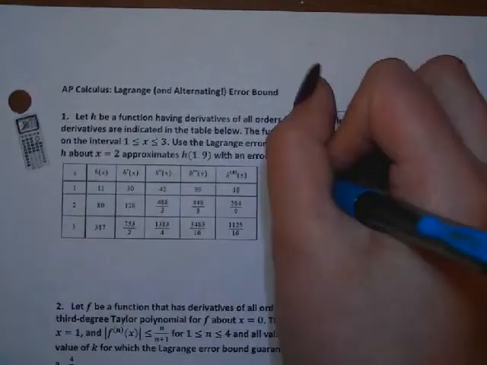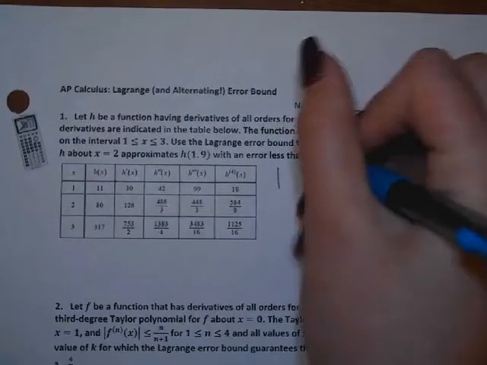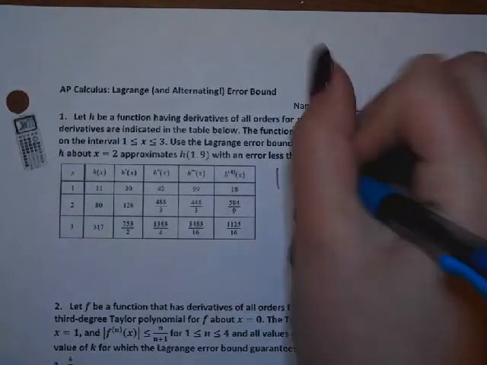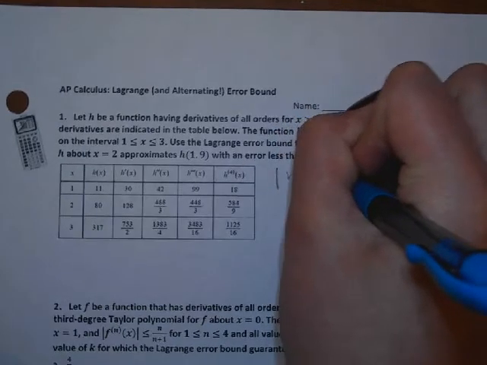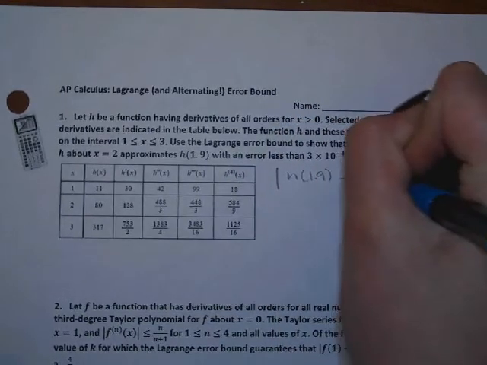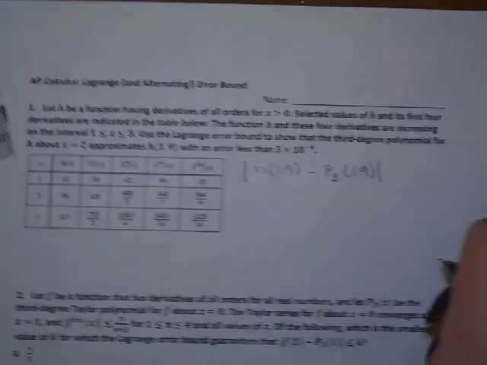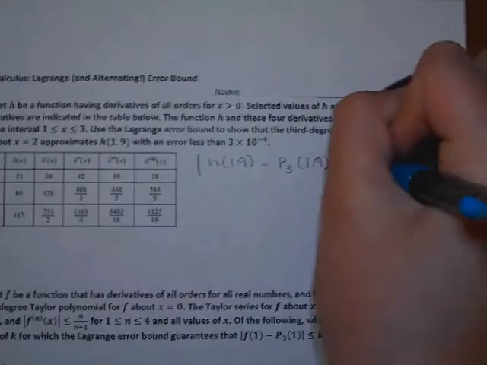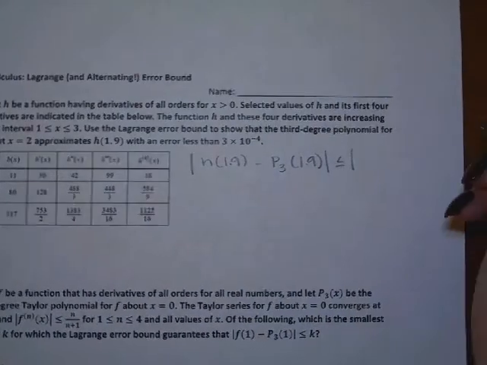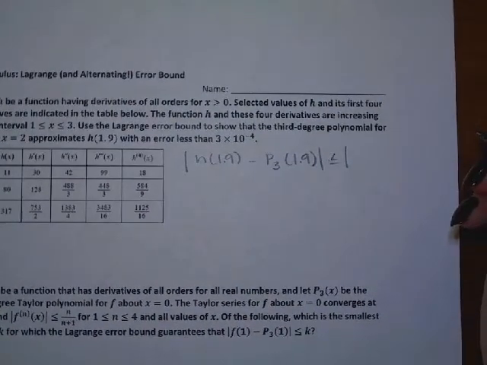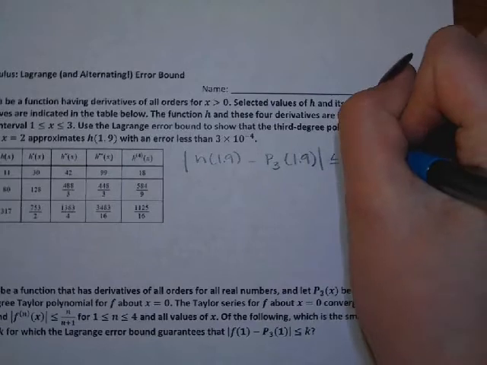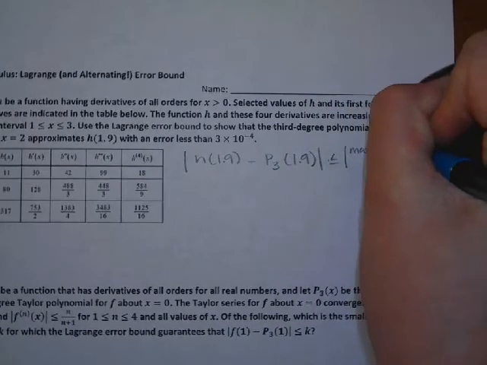Okay, so I'm going to say that h of 1.9 minus the third degree polynomial, so the error is less than or equal to the max of which derivative?